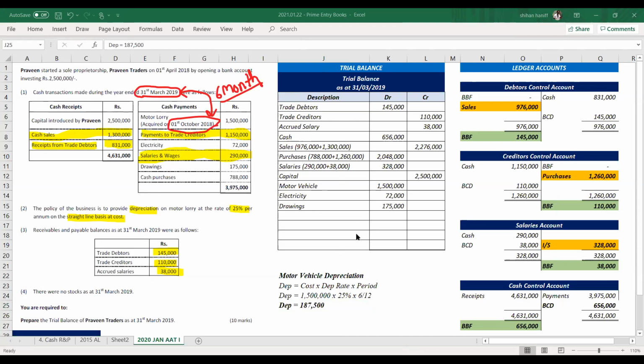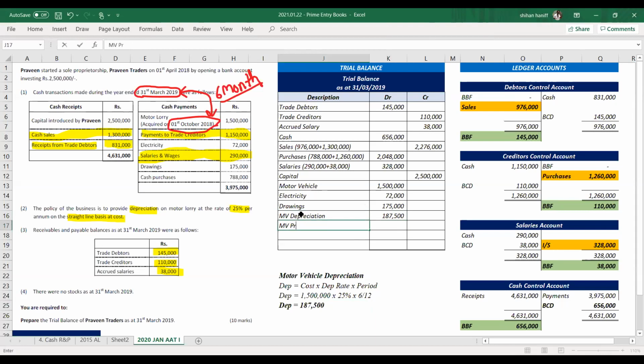So we calculate 187,500 as the depreciation. Now the double entry for the depreciation is depreciation account debit, provision for depreciation account credit. That's a double entry. Right? So we will write motor vehicle depreciation debit 187,500.